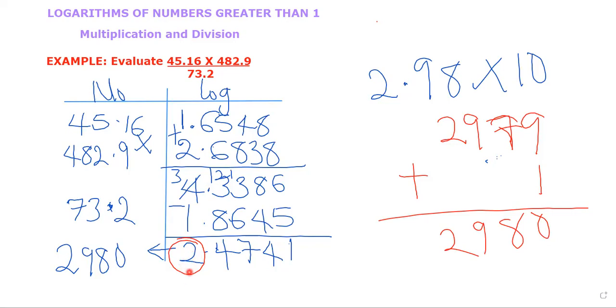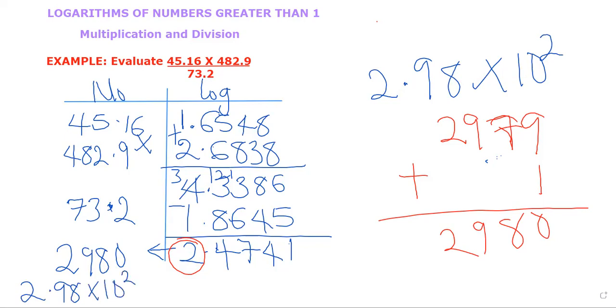This is standard form, 2.98 times 10 raised to the power of this integer here. So 10 raised to the power of this integer is 2. So I'm going to simply put my 2 there. So that's my result, 2.98 times 10 raised to the power 2.